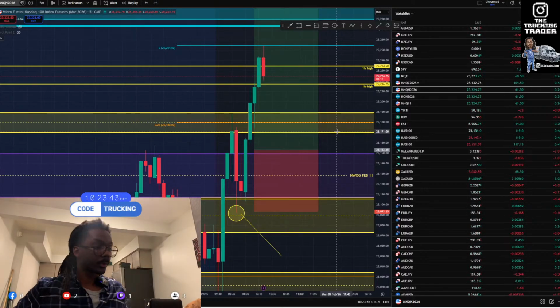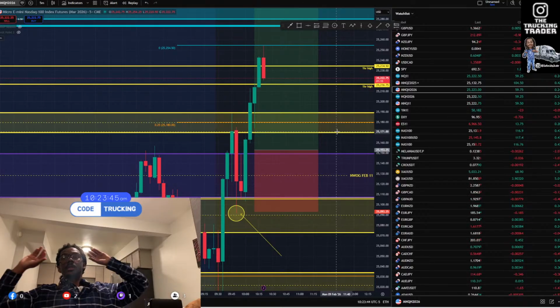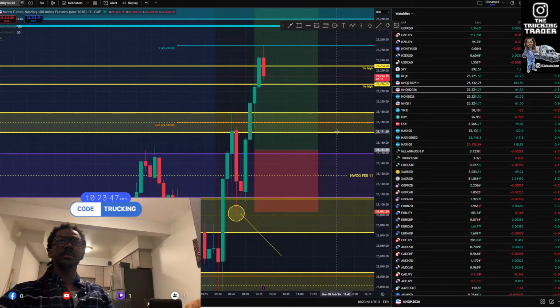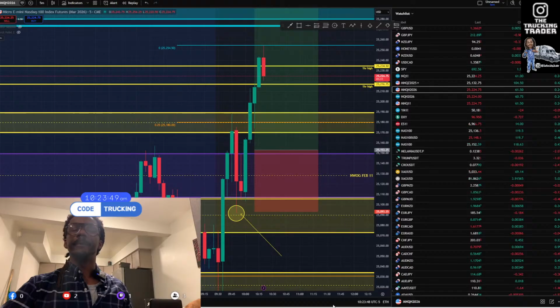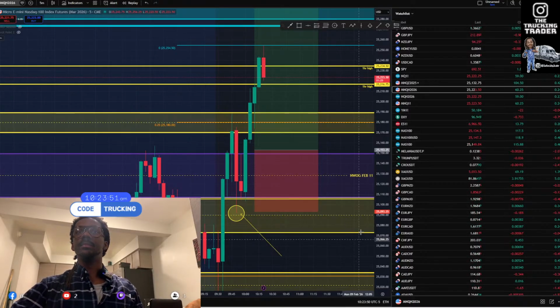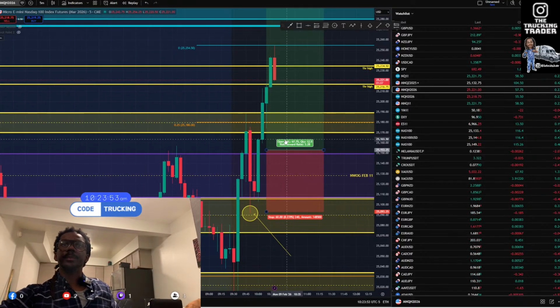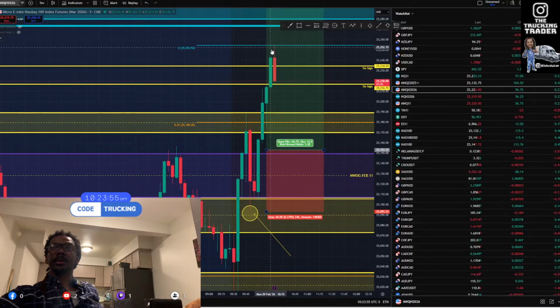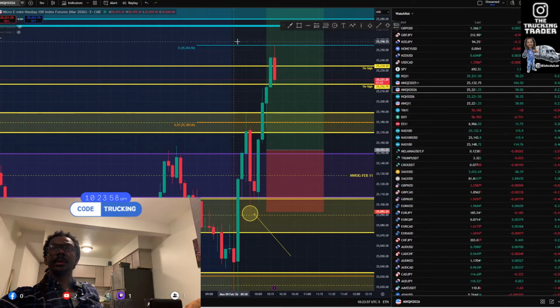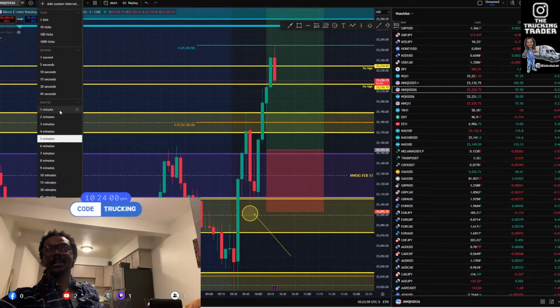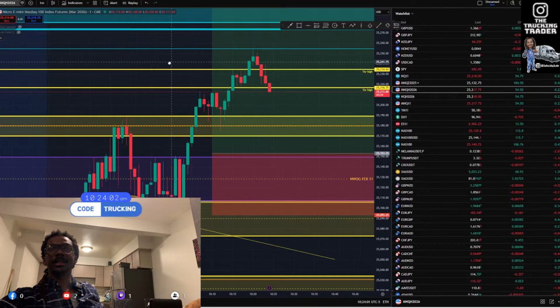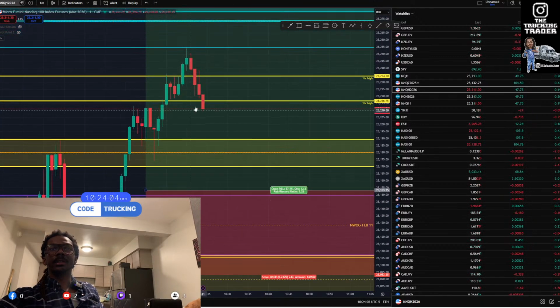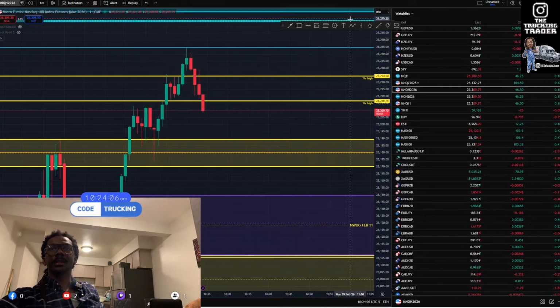We have 2 more minutes until this one closes right here. And if this one closes really weak, then we possibly could take a sell. I don't really feel comfortable taking a sell, but this is really setting up to be a really nice sell, you guys.